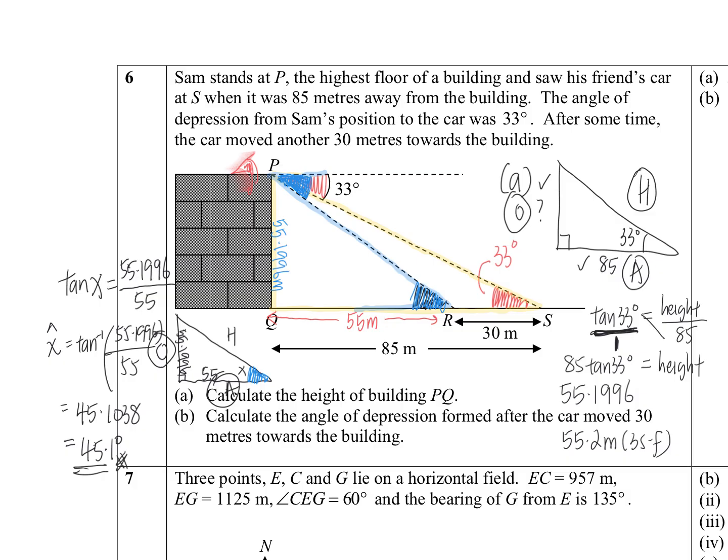Okay, so then the bearing of G from C, you use 360, take away this. Okay, 3 digits with 1 dp. C from G.